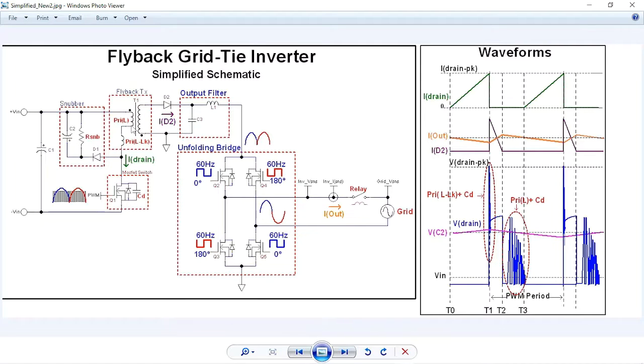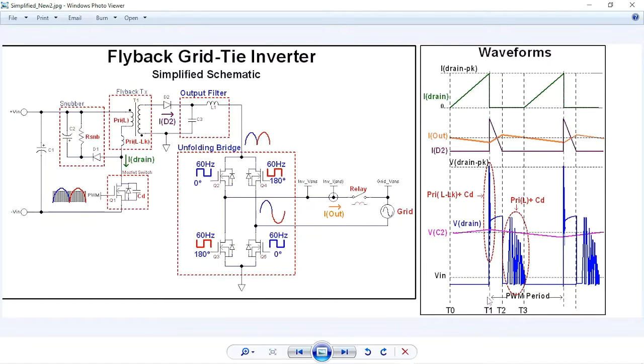Therefore, the energy that's being created by the current ramp is being stored in the gap of the ferrite core. That's storing the magnetic flux energy. At the same time this is charging up, C3 is providing output to keep this running. So that's why if you look at I out, you can see the current is dropping, because it's supplying power to the grid during this charge cycle.